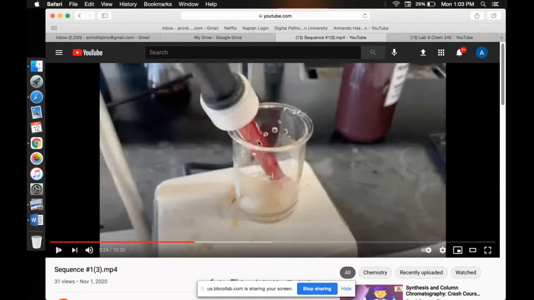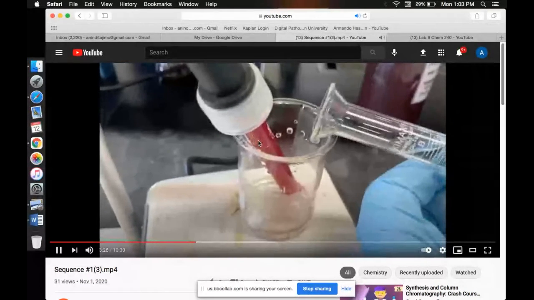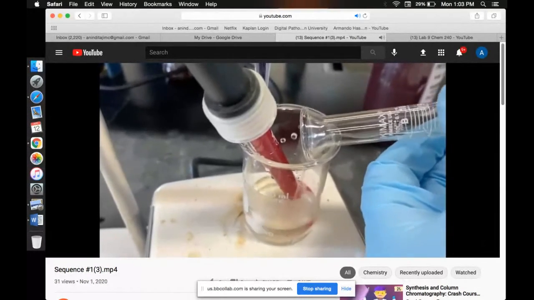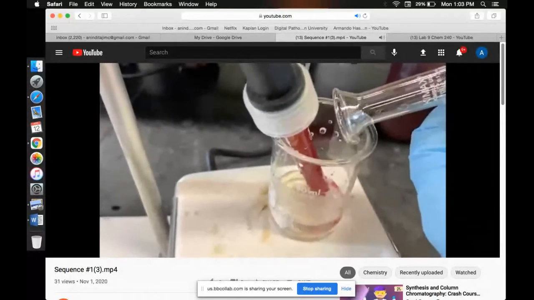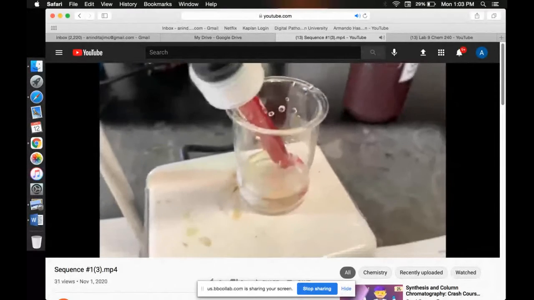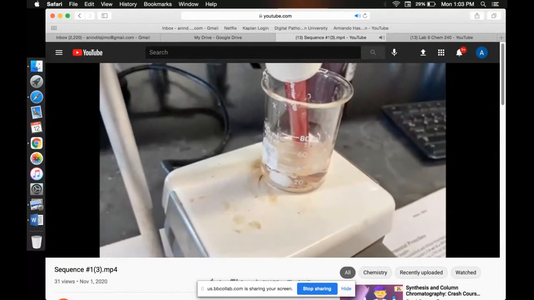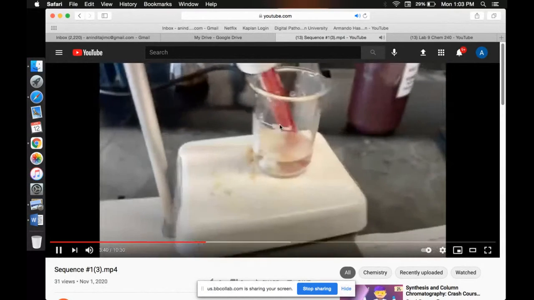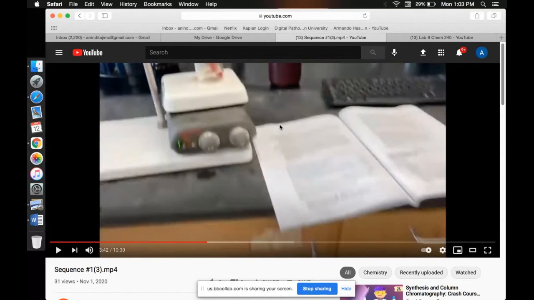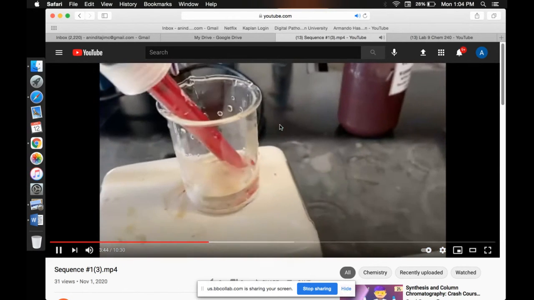Also need to add 10 ml of 2 molar sulfuric acid, and we can also add some water. So we have added sulfuric acid to make it an acidic medium. We discussed that this reaction should be in the acidic medium, so that's why we have added it. I am going to add 15 ml of water.